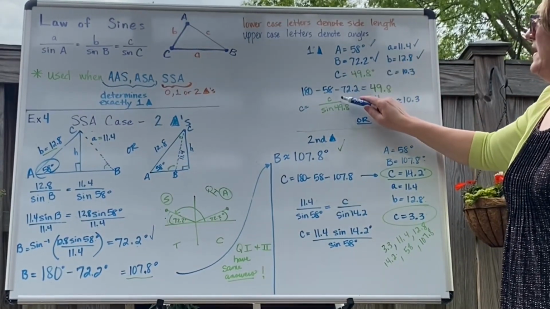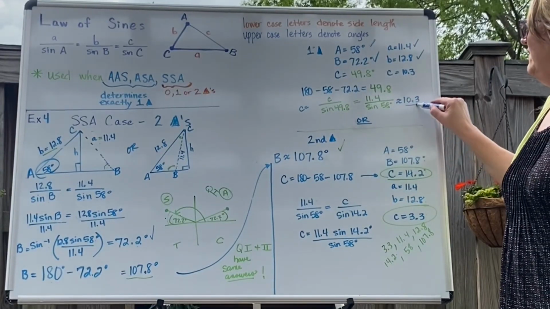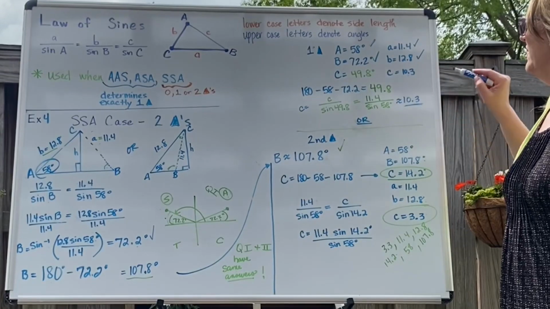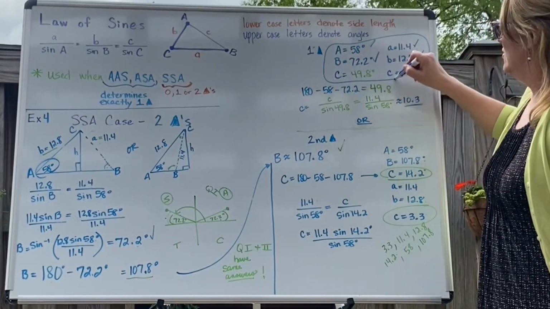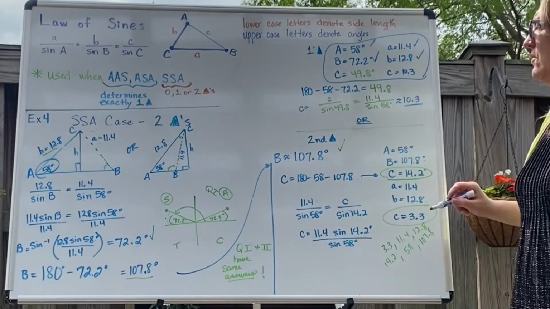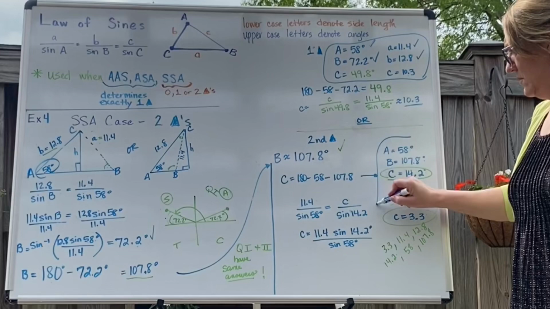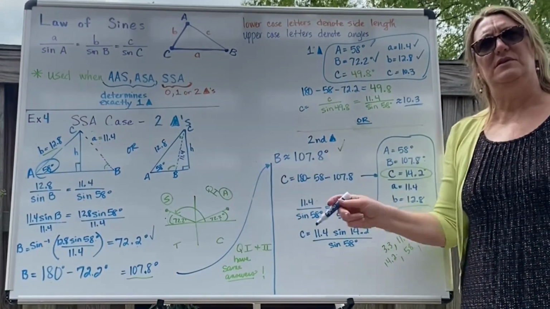And now, when I set up my law of sines, cross multiply and divide, I'll find that little c is 10.3. So here is triangle 1 with that given scenario, or triangle 2 with the same given scenario.